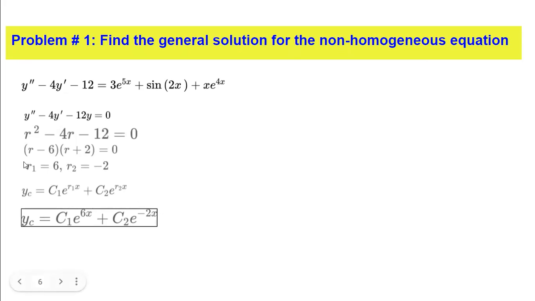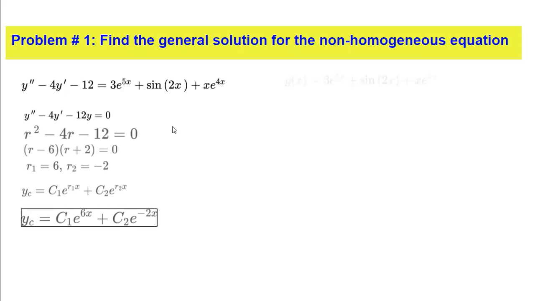We are now coming to guess our particular solution for the g of x value. Here we're having 3e to the 5x, we're having sin of 2x, and we're having x e to the 4x. So we're having three particular solutions.